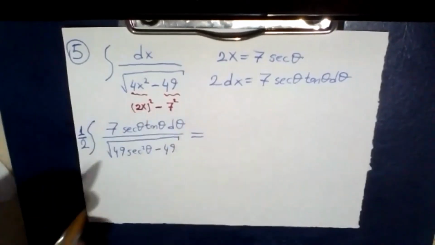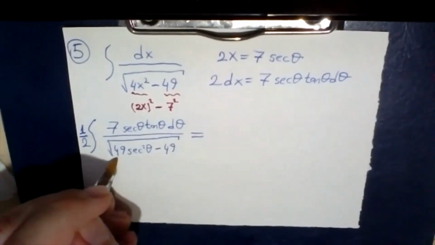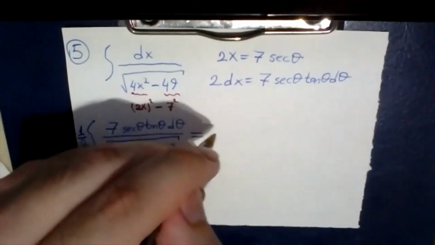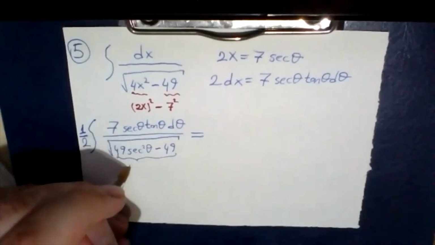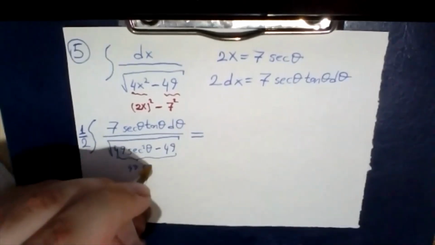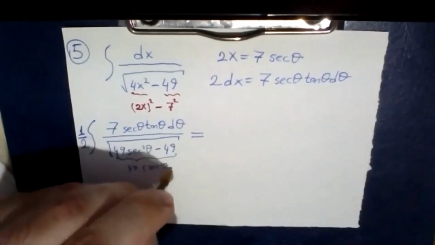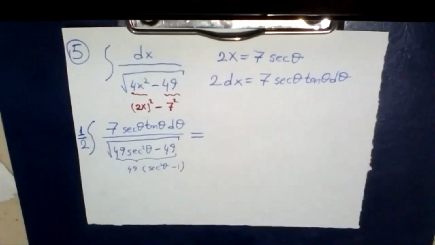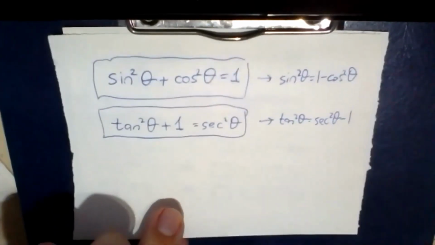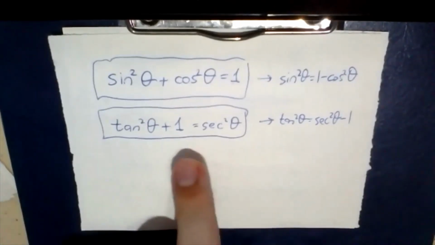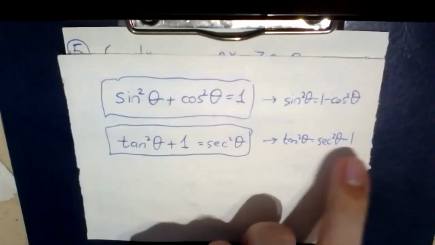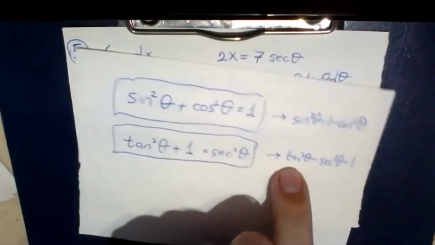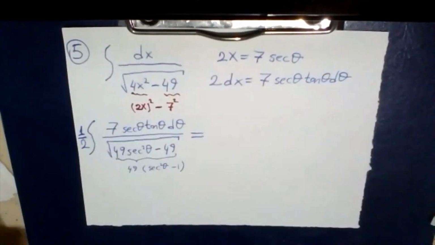And then we can write this one as 49 times parentheses secant square theta minus 1, and by our trigonometric identities, secant square theta minus 1 is equal to tangent square theta.